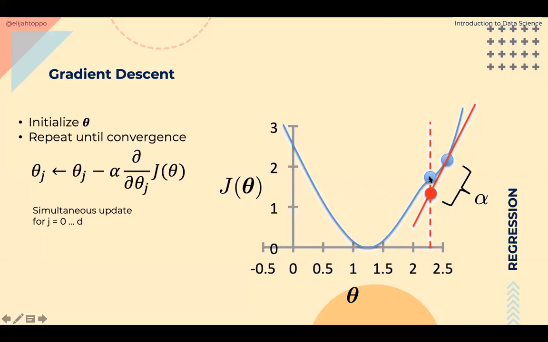At this point again, you will draw a tangent, and by taking the derivative at that point, you again move a distance of alpha, and by doing that successively, our hope is that we will reach sometime this minimum point here. At this minimum point, we would say that we have reached a solution.